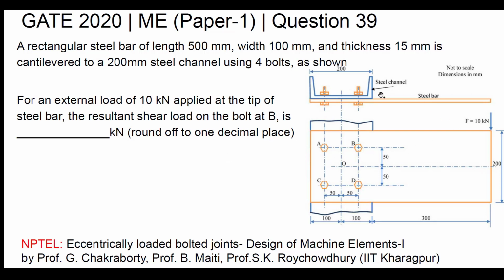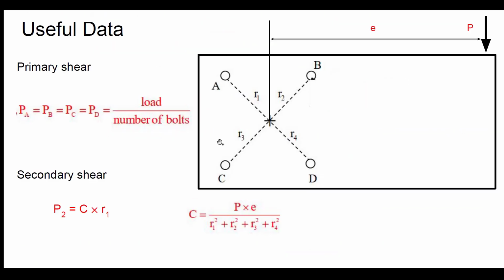So this is the system given with all the dimensions and eccentricity. Before solving the problem, let's see this. If you have a system like this with eccentricity E and load P, with A, B, C, D being the bolts and this being the radius from the centroid, you will get two types of shear force.